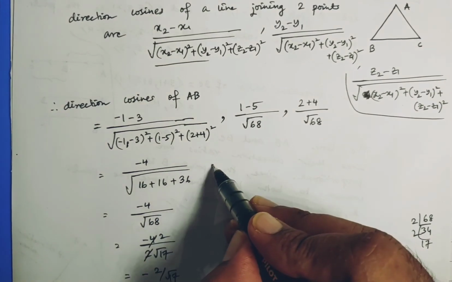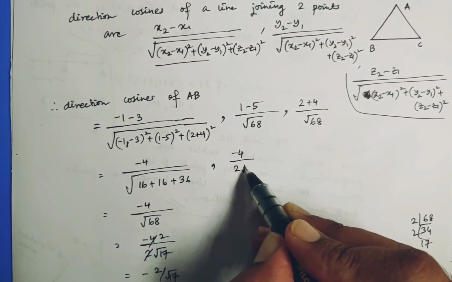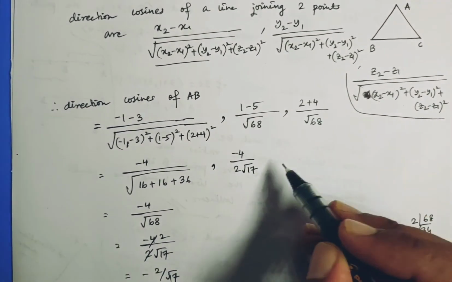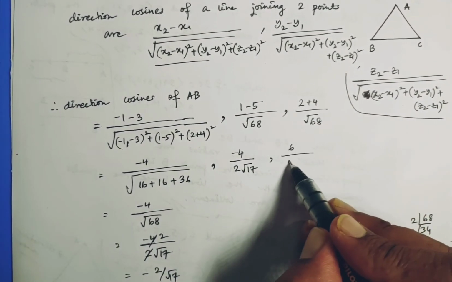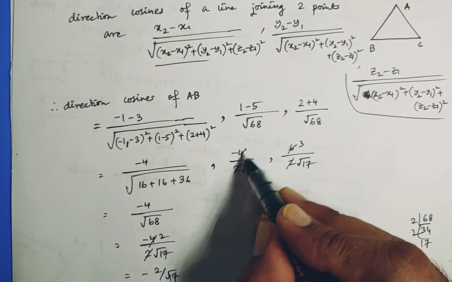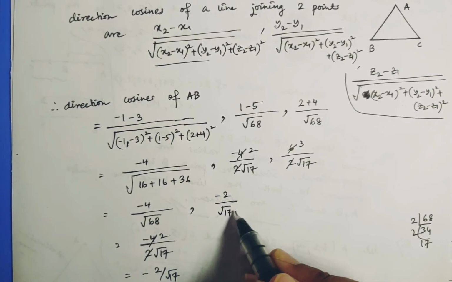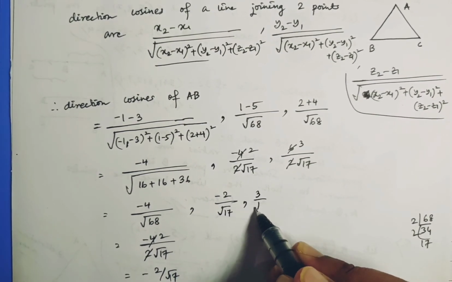Yes or no? So how much we are getting? This is minus 4 divided by 2 root 17. And this one is 6 divided by 2 root 17. So this one cuts, this one 2. So I get minus 2 by root 17. I get 3 by root 17.